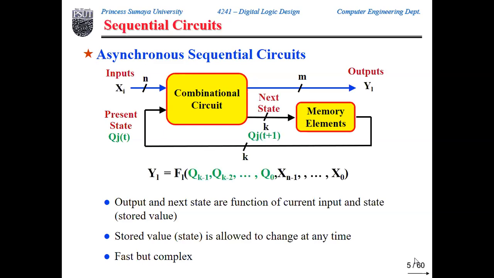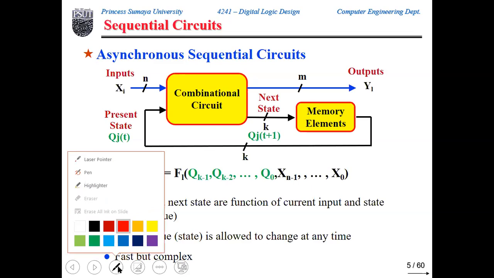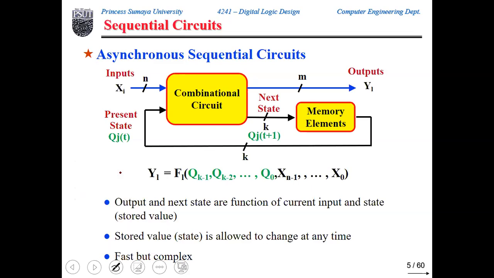So the combinational part does not only compute the output, it also calculates the new value to be stored in the memory, and this new value we call the next state. The value that is currently stored in the circuit is called the present state, or Q of t, and the value to be stored in the memory is called the next state, or the new value, and we call it Q of t plus 1.